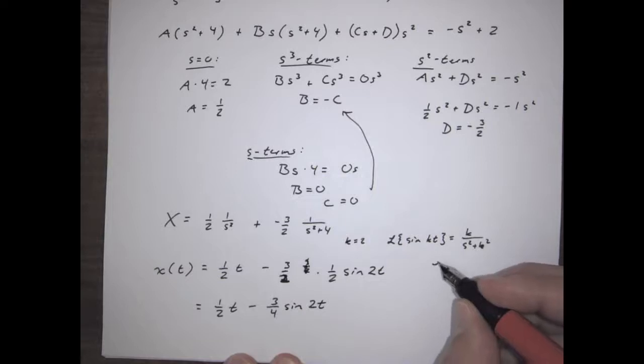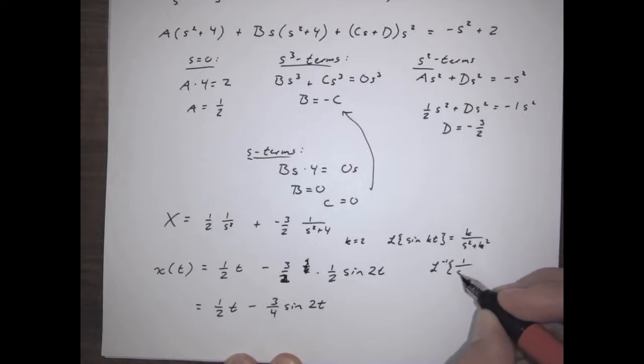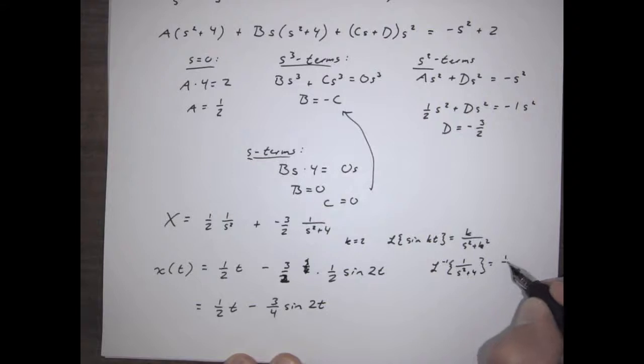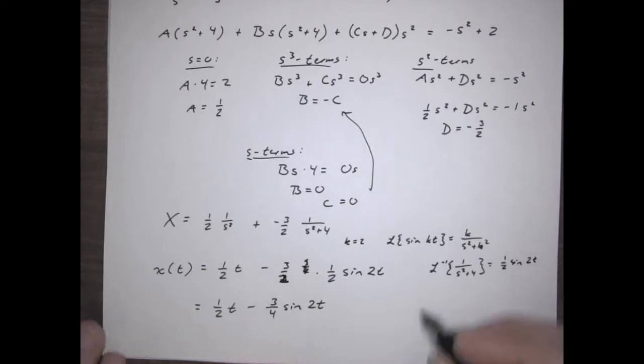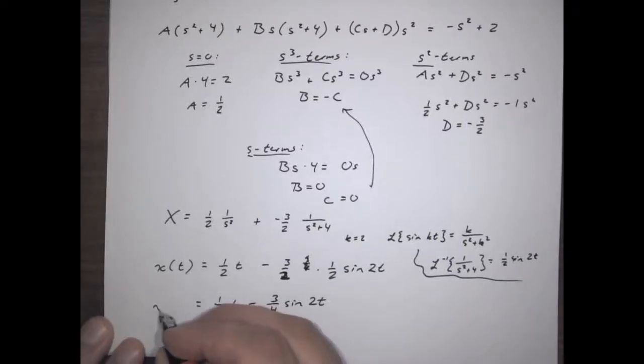And the reason here was that the inverse Laplace of 1 over s squared plus 4 is going to be 1 half sine 2t. Should have added 2. Okay, so then that finally gives us our x of t.